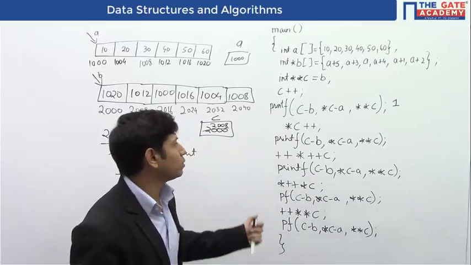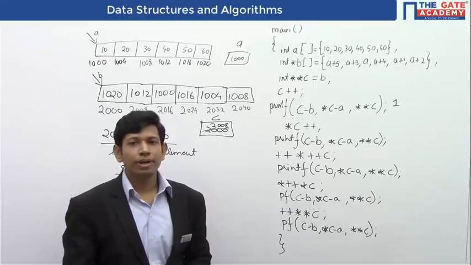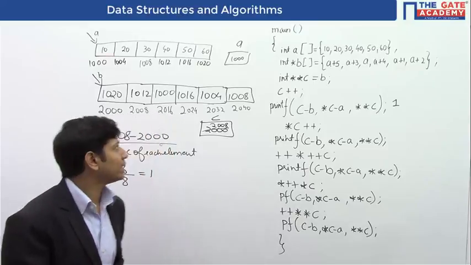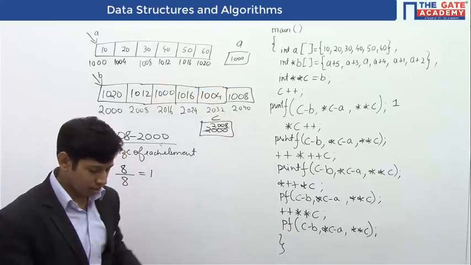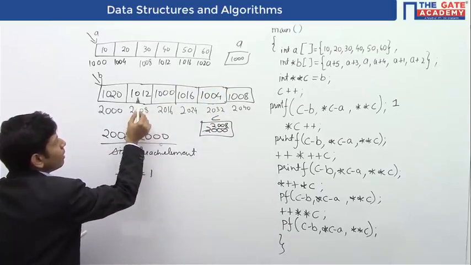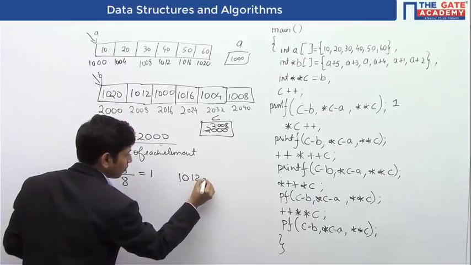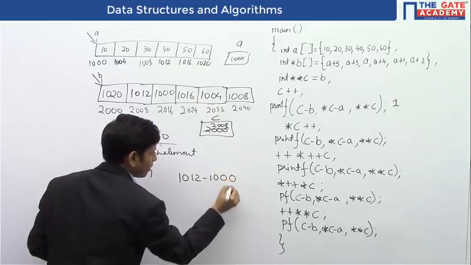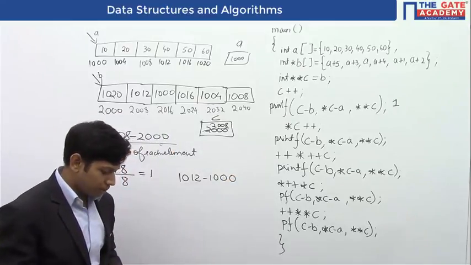What is done with this 1012? Star C minus A, so we are doing 1012 minus A. A is the base address, that is 1000. So star C minus A is 1012 minus 1000.